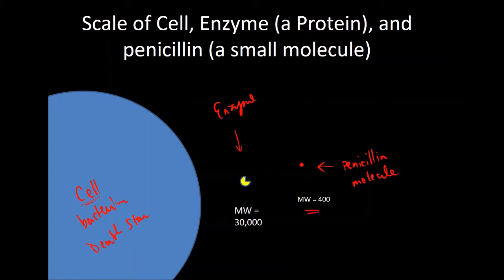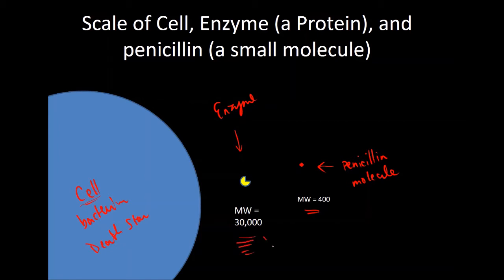So it's kind of an interesting story. It would make a pretty good movie. The penicillin is defenseless. If the cell didn't have the enzyme, then the cell is itself defenseless against penicillin. Kind of interesting. So this tiny molecule can kill the cell unless the cell has this defense.